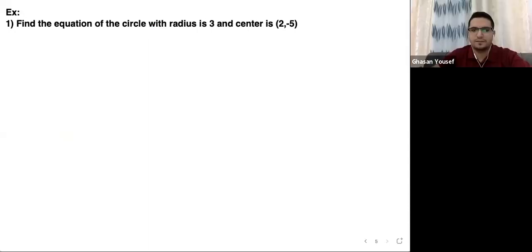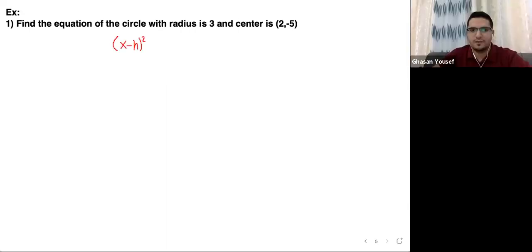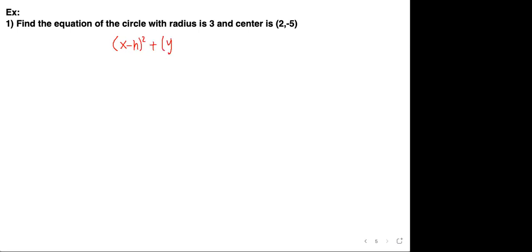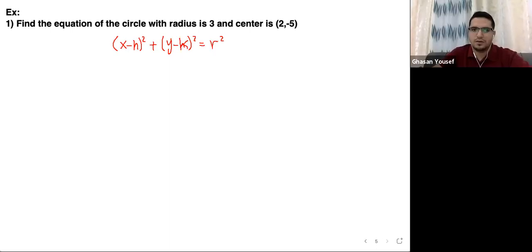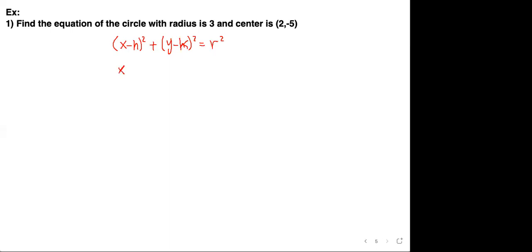I just use the equation, which is (x minus h) squared plus (y minus k) squared equals r squared. So I just substitute the center for h and k. So it's going to be (x minus 2) squared plus (y plus 5) squared, and the radius is 3, so 3 squared equals 9.